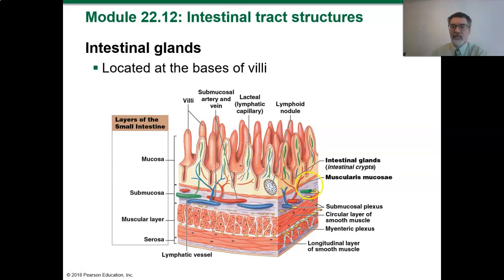You could have some lymphatic nodules, some of that MALT, that mucosa-associated lymphatic tissue. There can be some small little crypts of intestinal glands activity. We don't secrete huge amounts of enzymes into the intestines from these, but we do produce some intestinal fluid that does have a little bit of enzymatic activity. It also produces some mucus.